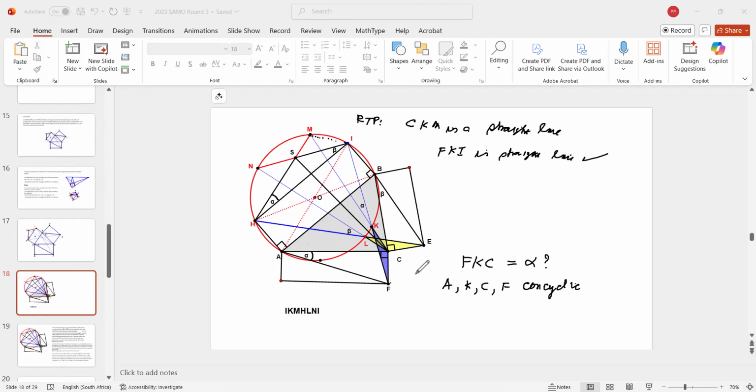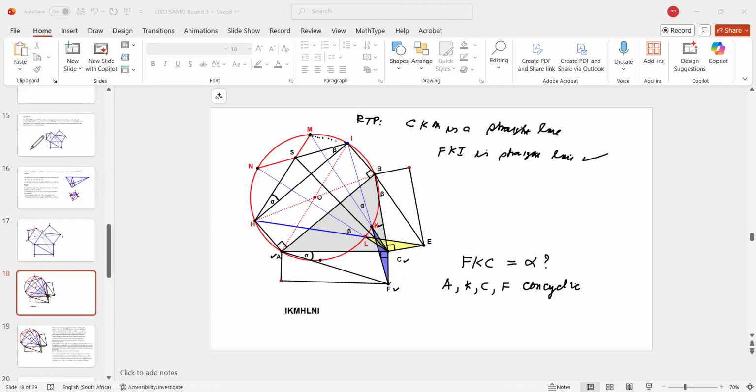Or otherwise, is AKCF a cyclic quadrilateral? Now we don't know that. So let's examine those four points. That one, that one, that one, and that one. And you'll see that AF subtends 90 degrees here at C. So we will know that they are concyclic if AF subtends 90 degrees also at K. I didn't draw that because it's so complicated.